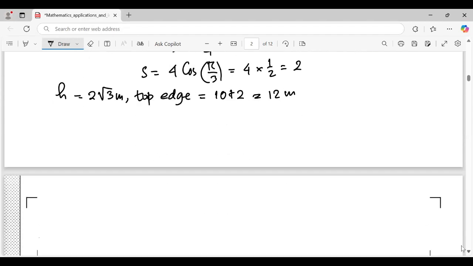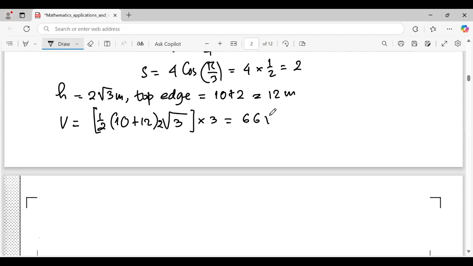So we're going to find the volume. Volume equals 1 half times 10 plus 12 times 2 square root 3 times 3.